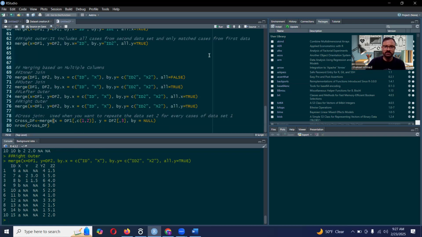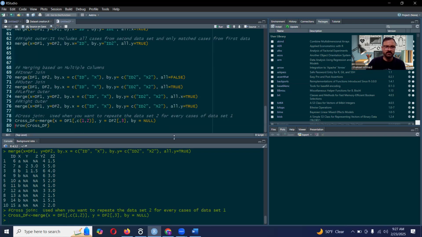So let's see how it works. In this case I have just included the first two variables of data one, and only the last column of data two. To explain, we have id and x from the first data set, and y2 from the second data set.